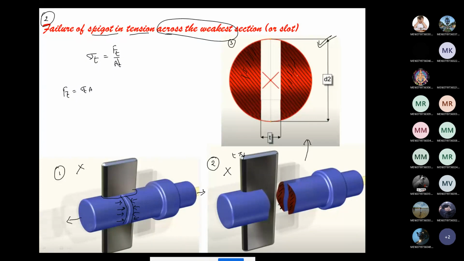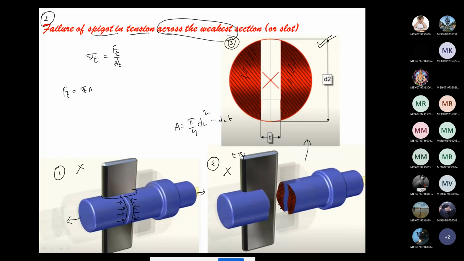Now, tell me the area of this figure appearing in the third image. The area is pi by 4 into d2 square minus d2 into t. This is the area for this image. Are you getting it, Babu? From the solid, this white color portion I'm removing.